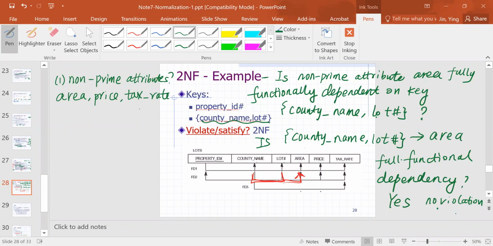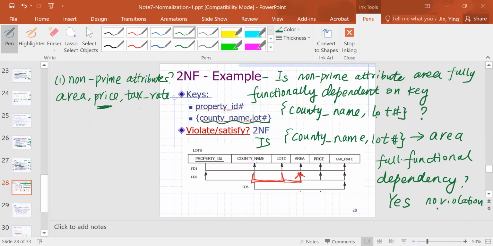Second normal form is actually the hardest one to check compared to third normal form and Boyce-Codd normal form. They are relatively easy. So there's no violation so far, and then we need to move on to the next attribute.